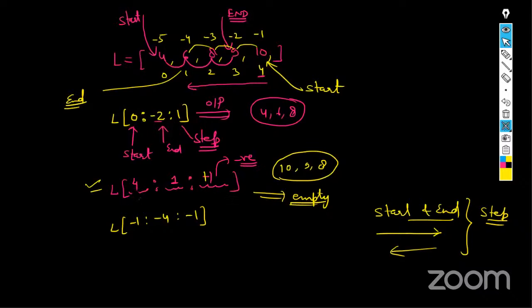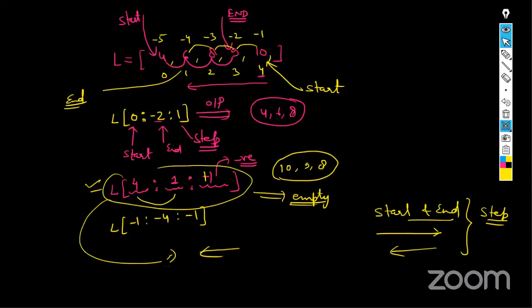But in this case, 4 to 1 means your start and end pointer is saying go in the backward direction, while your step is saying go in this direction. So both are conflicting things. The output will be an empty list.